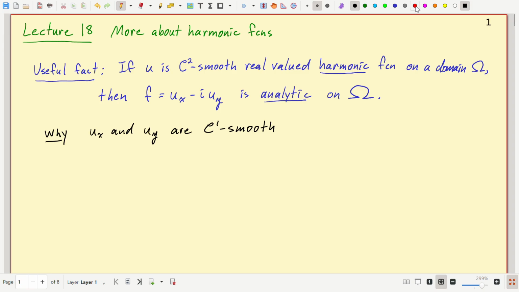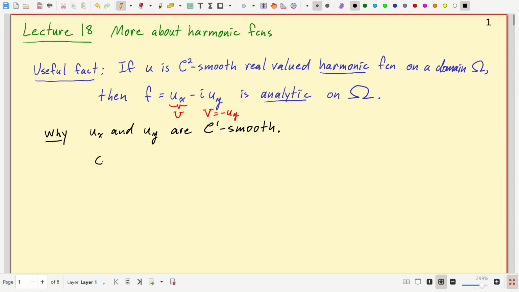So here the real part of my function f is, let's call this thing, a capital U. And let's let the capital V function be equal to minus du dy. Okay, so then du dx and du dy are C1 smooth, and I need to check the Cauchy-Riemann equations.